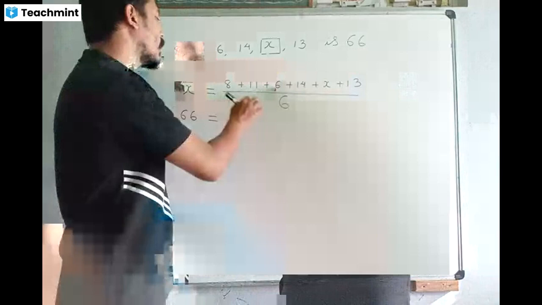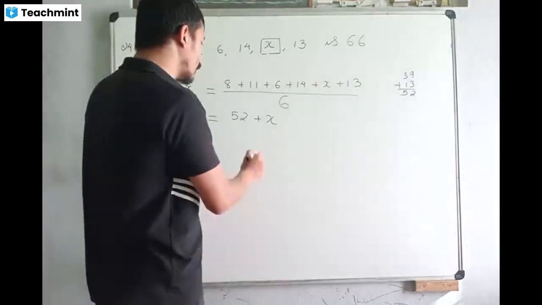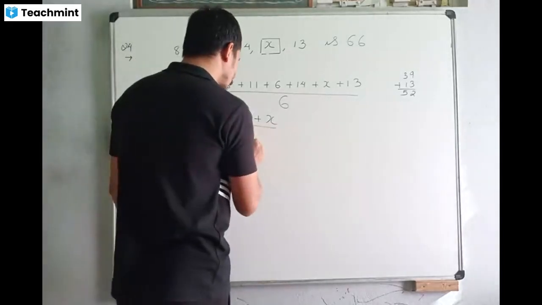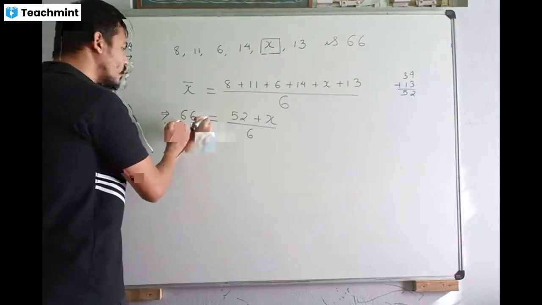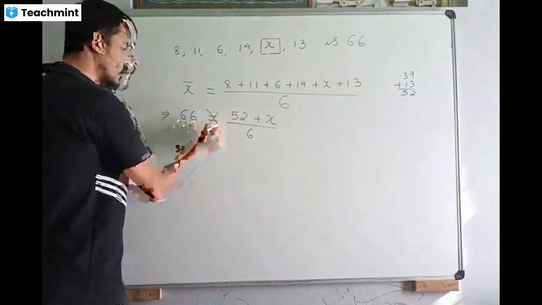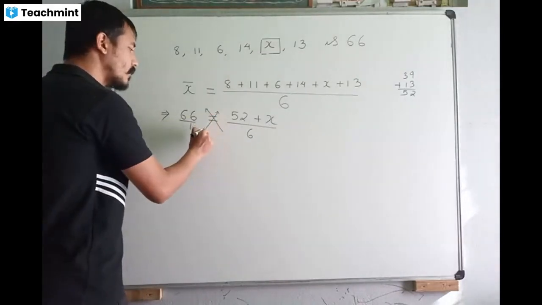So 52 plus x is not 52x. 52 plus x is 52 plus x only. Okay? So what we have to do is we simply need to cross multiply. Cross multiplication method.